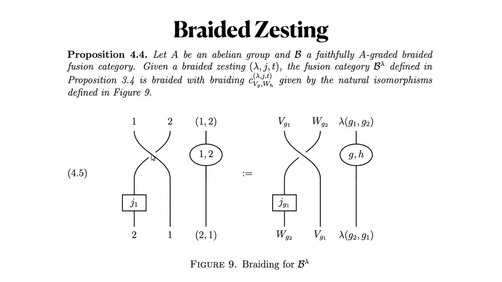You use the old braid, where you have one object that is graded, let's say by g1, and another element graded by another element. So you apply the braid, and then you have to multiply by the scalar associated with the J, and also with the scalar associated with these two elements. So this is better.